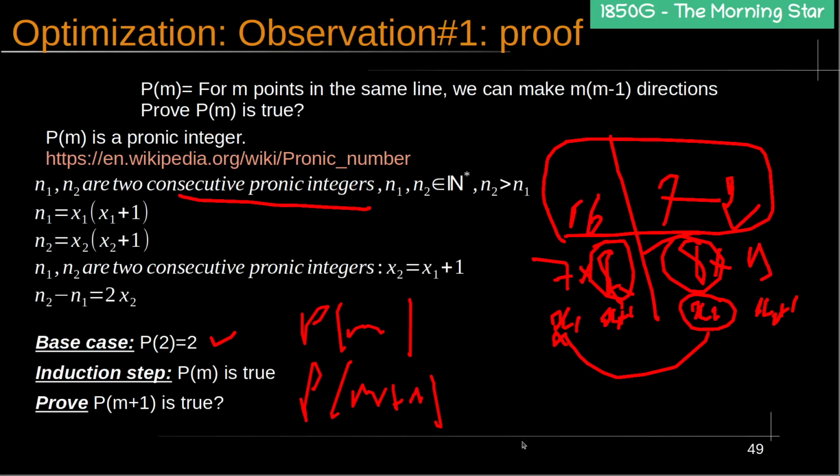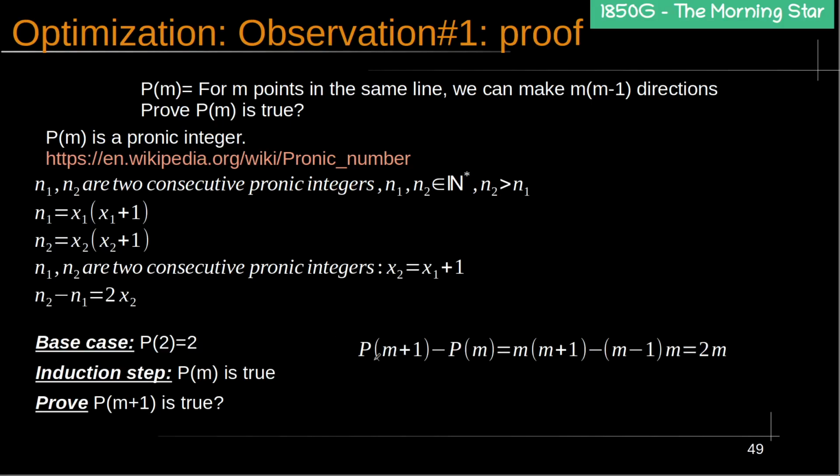Okay? So we can say that Pm plus 1 minus Pm is equal to m times (m plus 1) minus (m minus 1) times m. Okay? Which is equal to 2m. We have the same formula here as you see here.